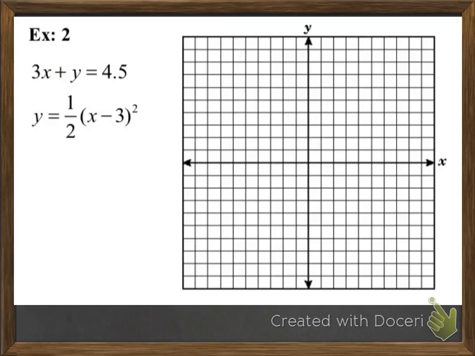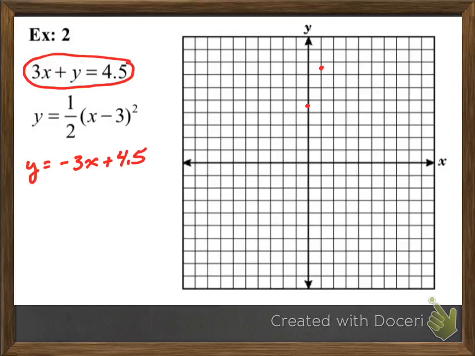Let's start out with our linear equation, which is this one. We need to solve for y, so that means y would equal negative 3x plus 4.5. Graphing that, we will start at the y-intercept of 4.5 and then go up 3 and to the right 1 for the slope.